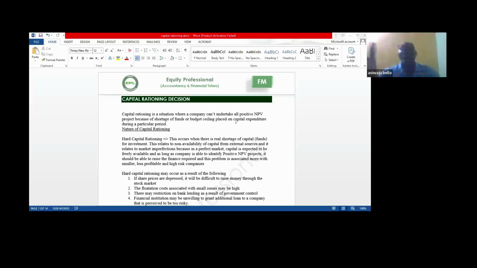You can define capital rationing as a situation where a company cannot undertake all positive net present value projects.